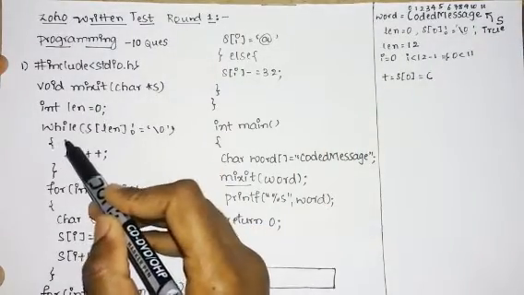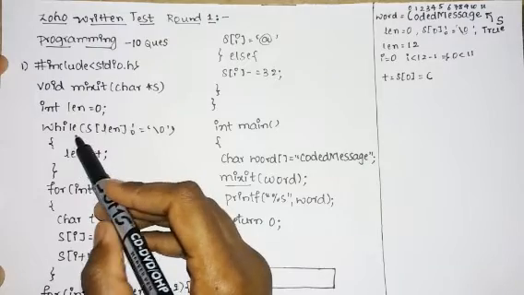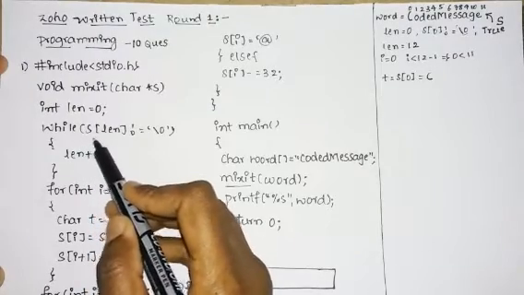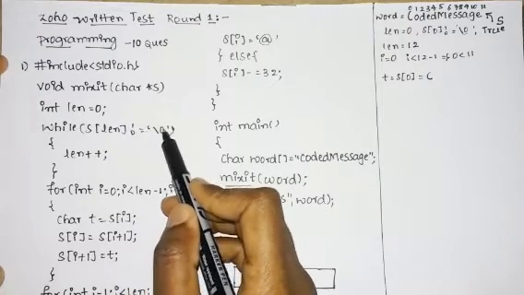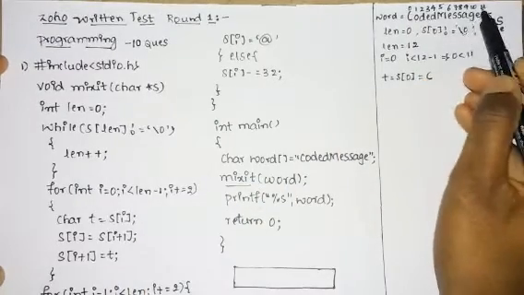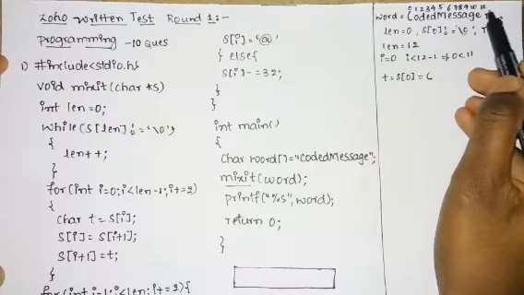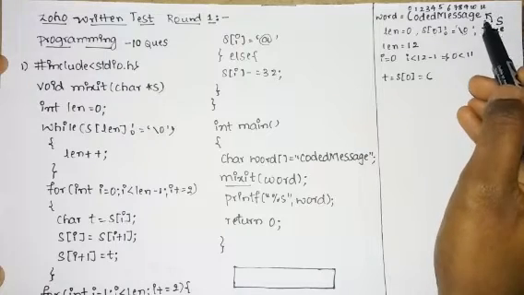Now we have a while loop. Initially it enters the while loop and checks whether s of 0 is not equal to null, which means the end of the string. After e is the end of the string.